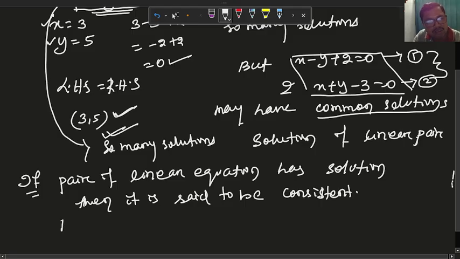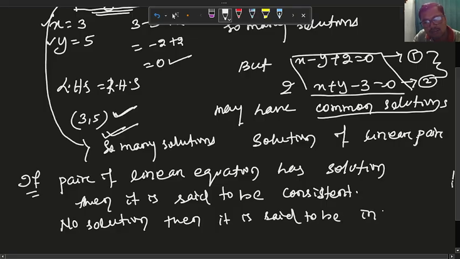If there is no solution, then it is said to be inconsistent. Okay, clear? So what is consistent? What is inconsistent? Consistent means there is a solution. Inconsistent means there is no solution of the pair of linear equations. Okay.